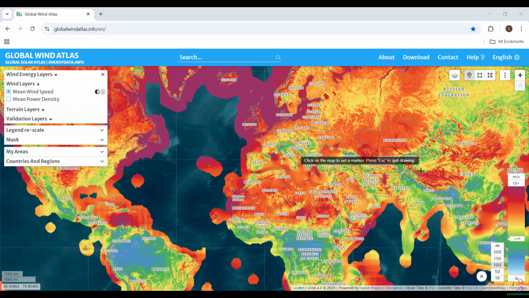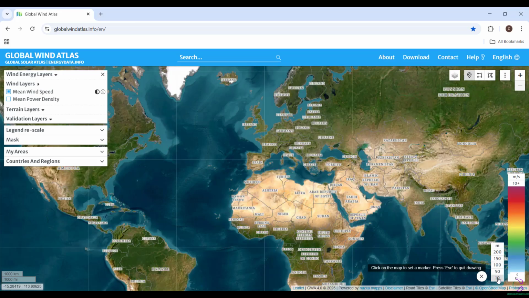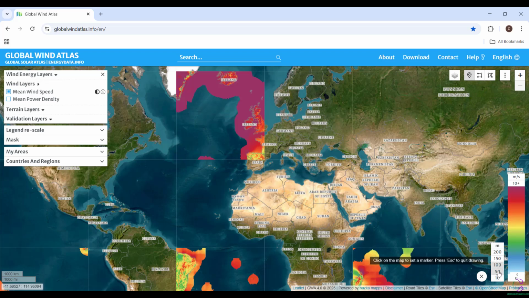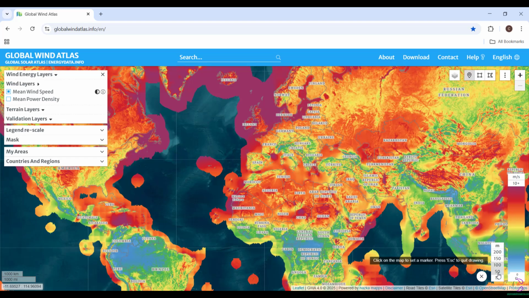For your desk studies, Global Wind Atlas is quite efficient because it gives you a bird's eye view of the wind speed at different levels in different environments all around the world. So you can see here the wind atlas. Let's say they gave data for 100 meters above mean sea level.